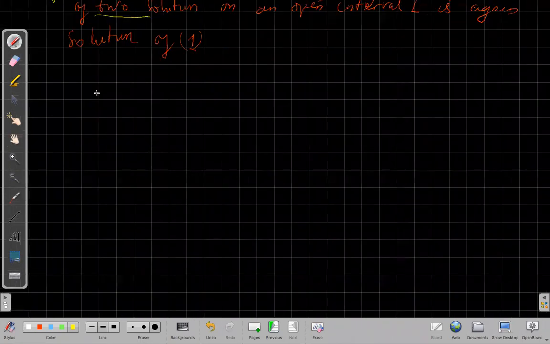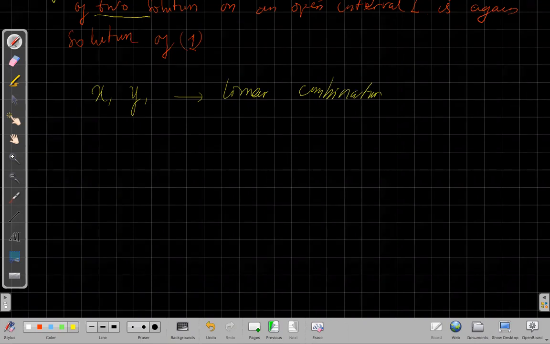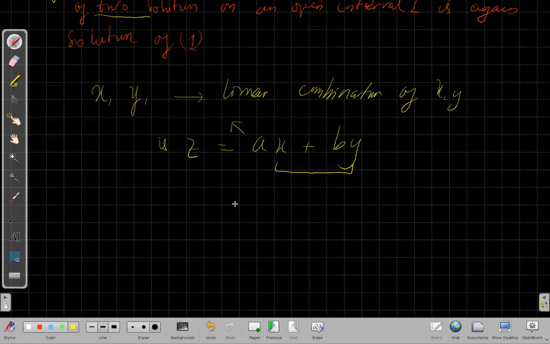So what is a combination of two variables? Assume that we have the variables x and y, for example. The linear combination of x and y is z equal to ax plus by. The linear combination means the sum of two variables with corresponding weights, or constants.